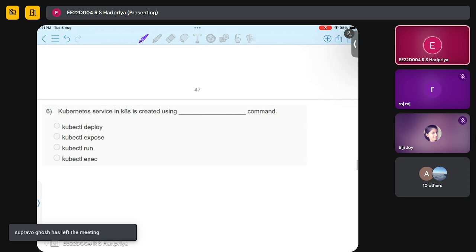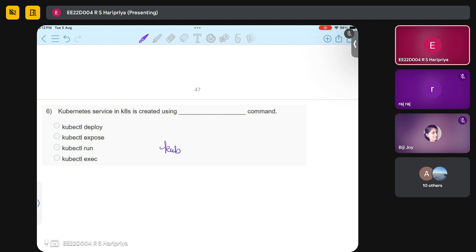Going to the next question. Kubernetes services in K8s is created using which of the commands? So kubectl expose is the correct answer. This is used to create a Kubernetes service to expose a deployment or a pod or any other resource so that it can be accessed inside or outside the cluster.